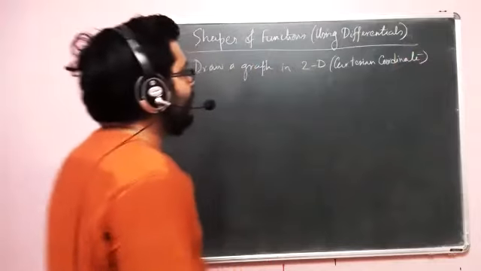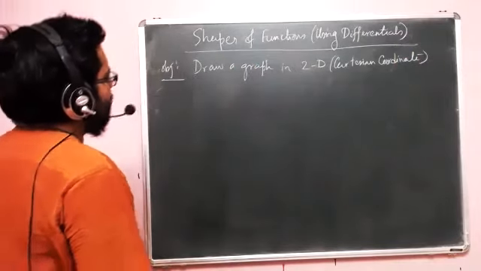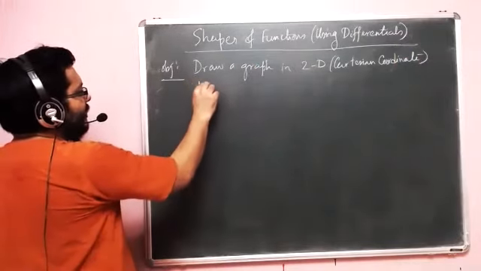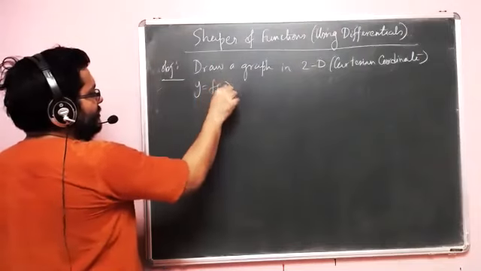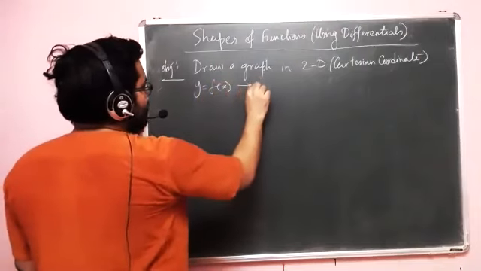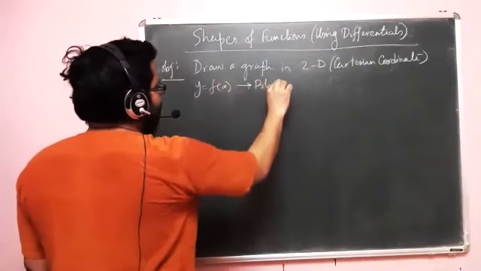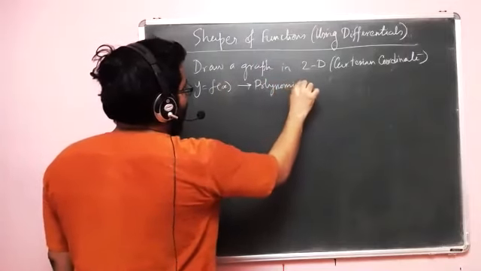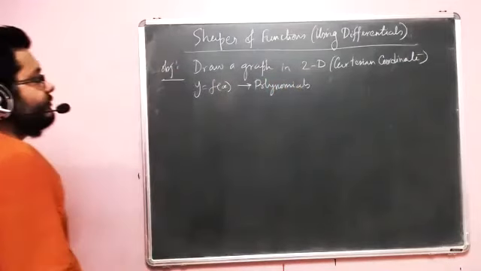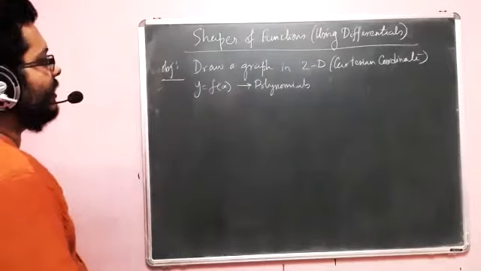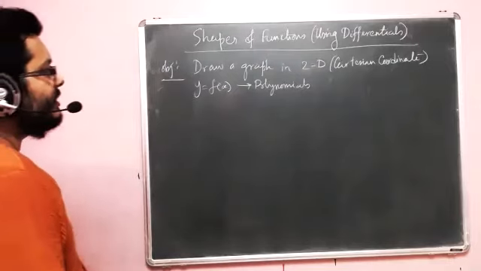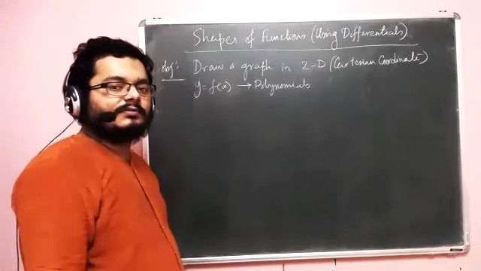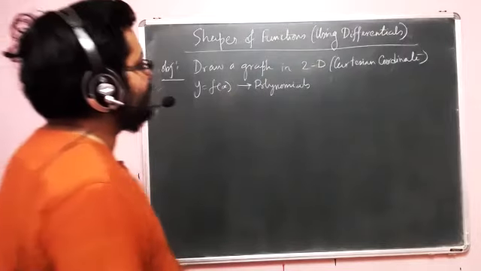And to keep things simple, whatever function we take will be of the form y equals f of x. Okay. So first we'll start with polynomials. All the reasoning that we'll follow, all the rules that we'll look at, will be using the differential.